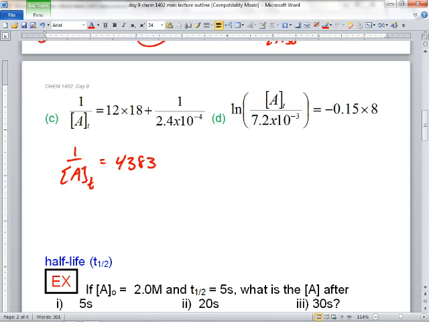How do we end up solving for the concentration? What would you do to finally solve for our answer here? Yeah, the cross thingy again. Exactly. 1 over 4383 equals the concentration of A at time t.